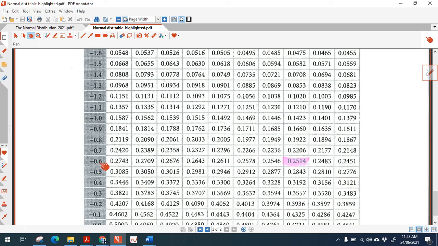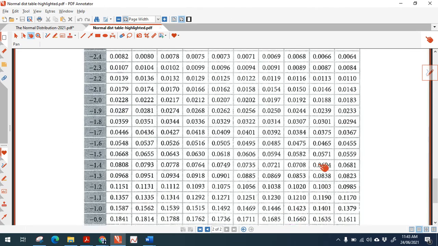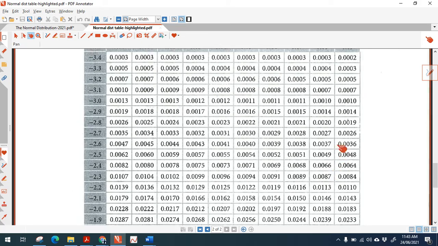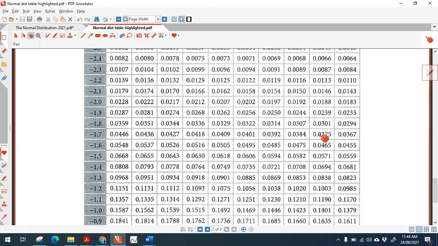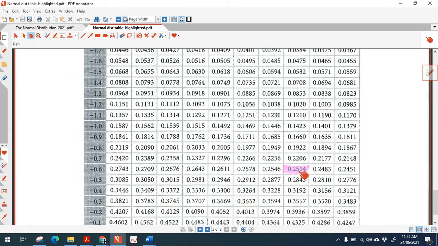If you look at negative 0.6, and that corresponds to the second decimal place of 7, so negative 0.67, I've highlighted it here. You can see 0.2514 is not 0.25 exactly, but it's the closest to 0.25 in the table. So we're going to use this as our value.